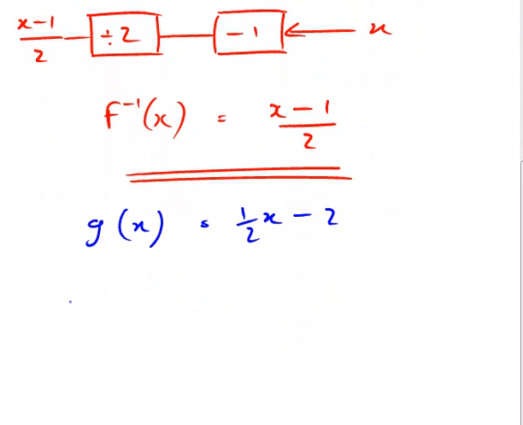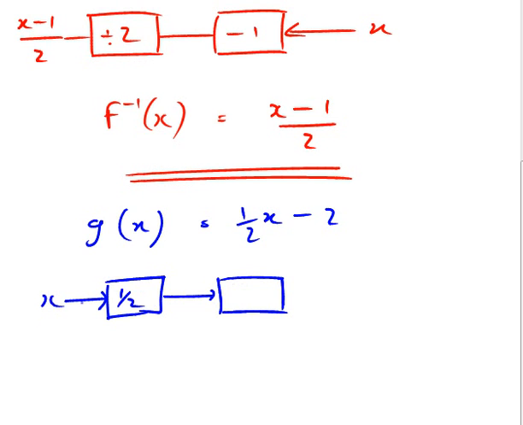That function we could write as a half x multiplied by a half, and then subtract 2, and that would give us a half x minus 2. So after the first stage you get a half x, and then you subtract 2 to get the half x minus 2.